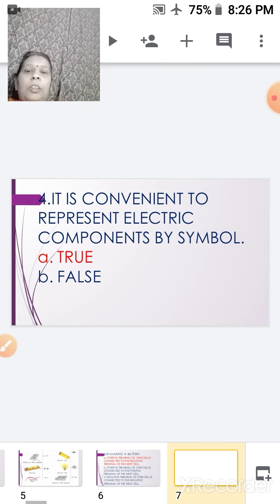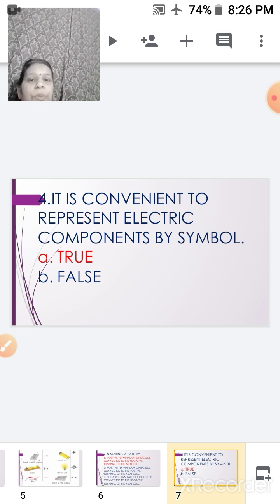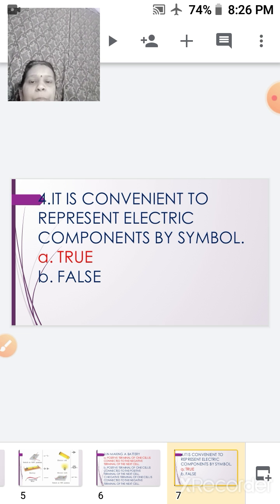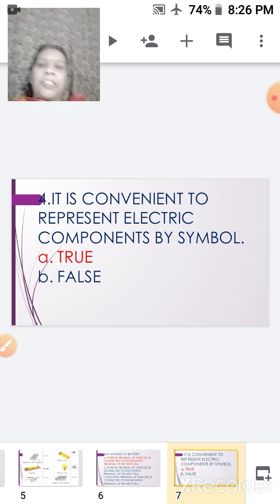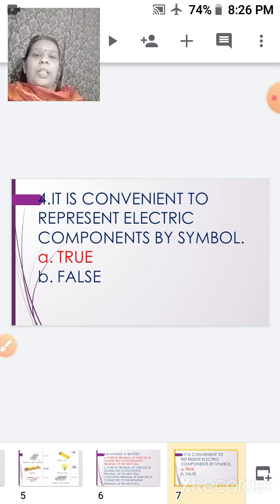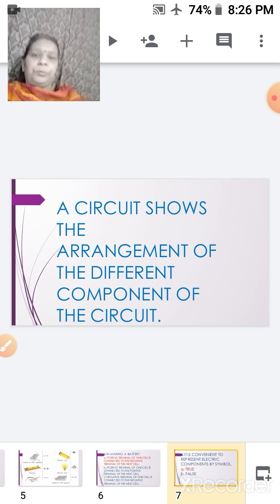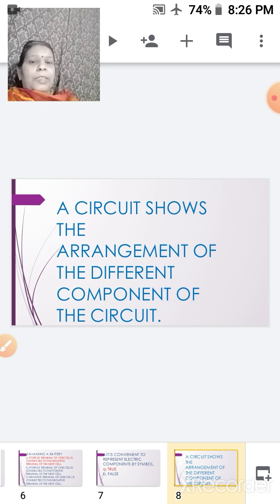Next one: it is convenient to represent electric components by symbols. Yes, it is easier to draw and to represent your electric circuit with the electric symbols. So the answer is true. Now, what is an electric circuit?